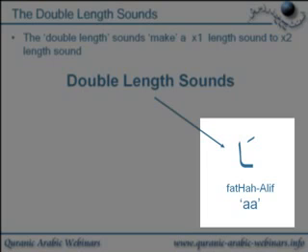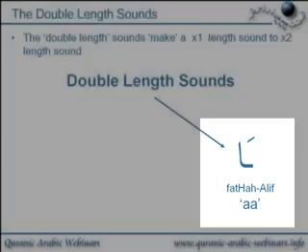The first one that we have is if you have a letter which has Fatha and you add an alif to it, the sound of the Fatha goes from A, which is one long, to A, two long, so it doubles its length. Okay, and we would know that as Fatha Alif.